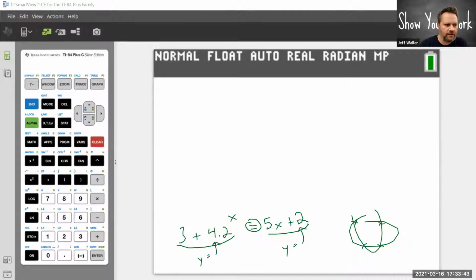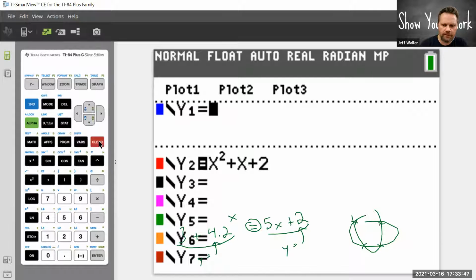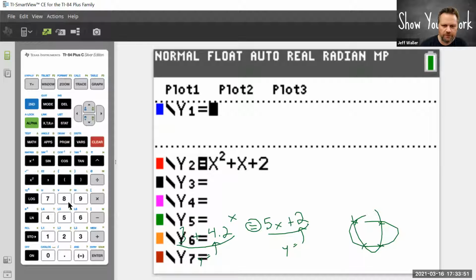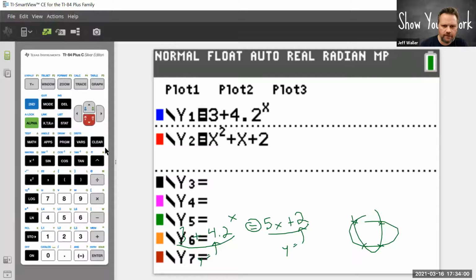So let's go to y equals. This could get a little bit funkadelic. I'm going to put in there 3 plus 4.2 to the x, and then here I'm going to put 5x plus 2.